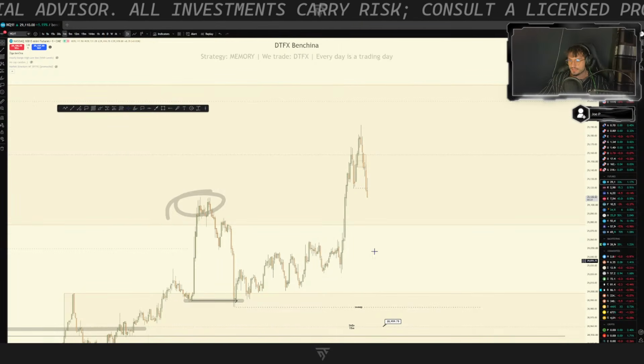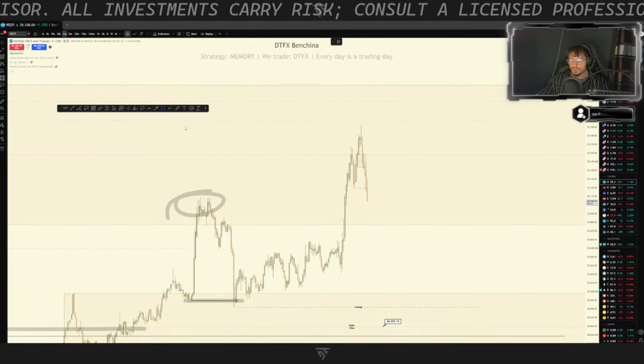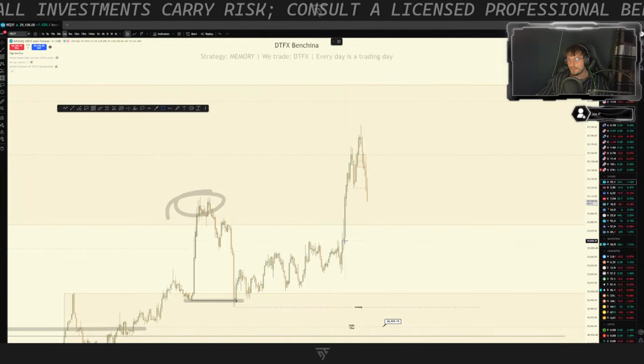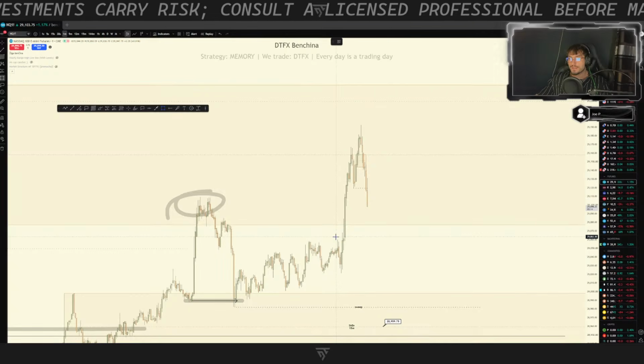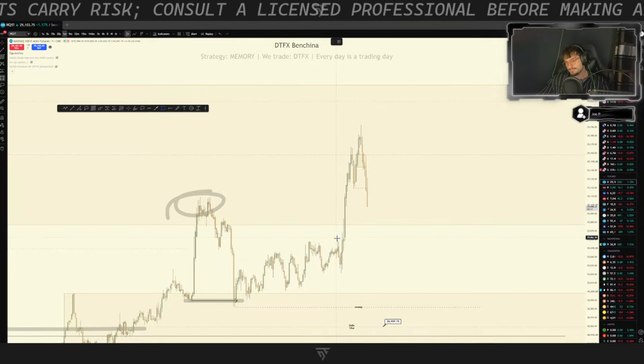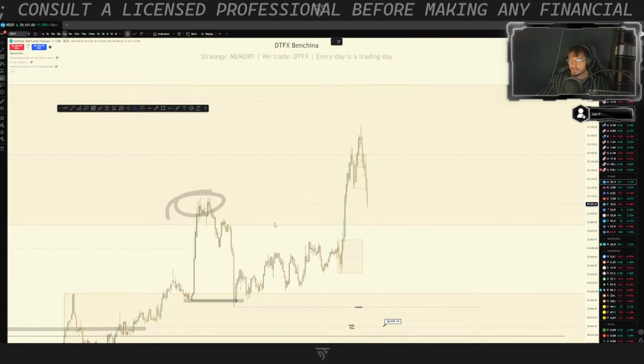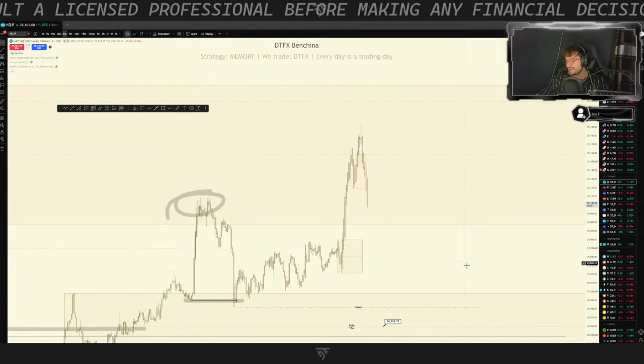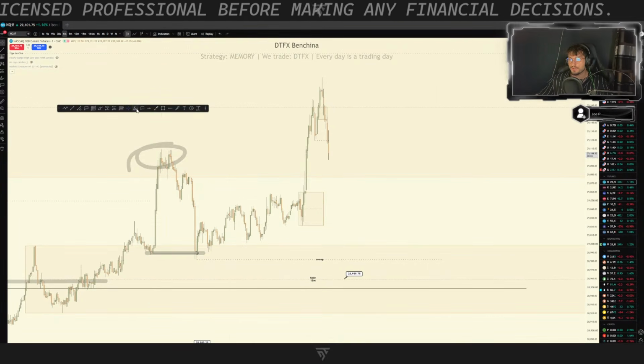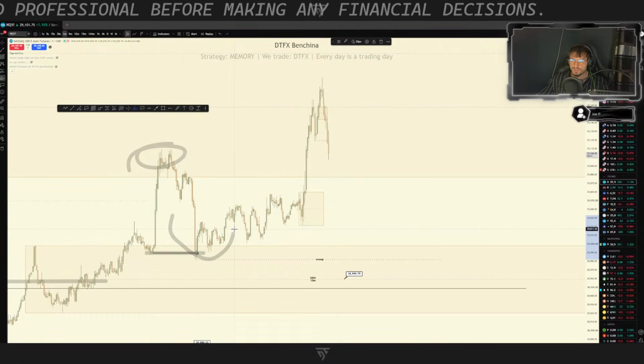There are some areas down below which you can mark out, but don't take them, right? Because if I was to long, I would be waiting for that low to be swept.